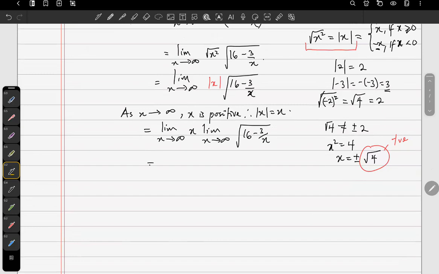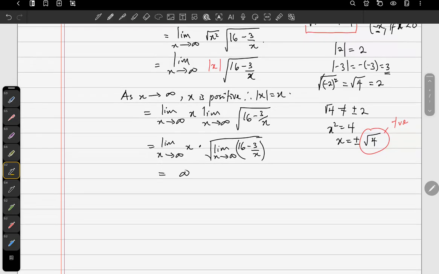And we already know that the limit passes through a power, so it also passes through a root. So I can rewrite this as the square root of the limit as x approaches infinity of 16 minus 3 over x.